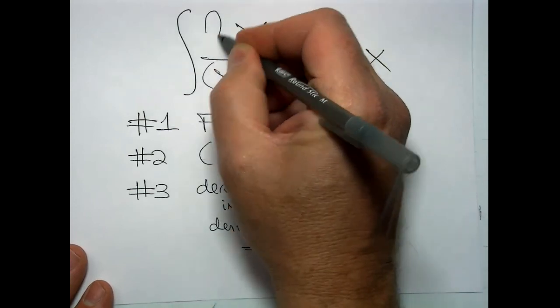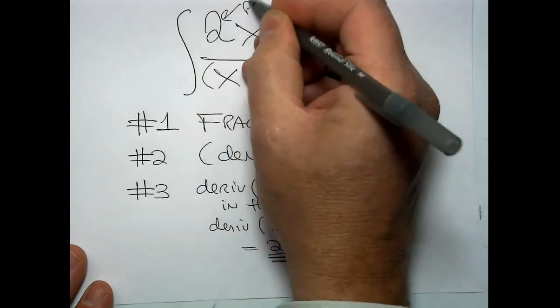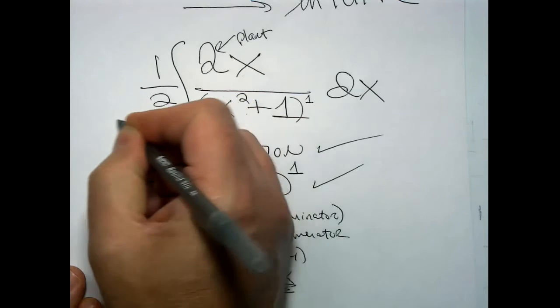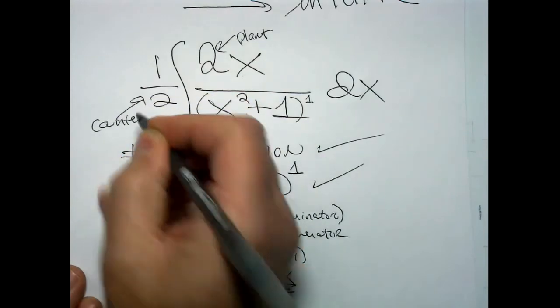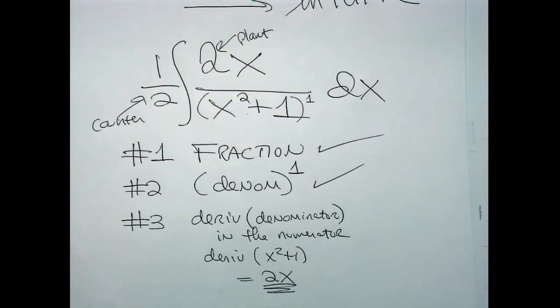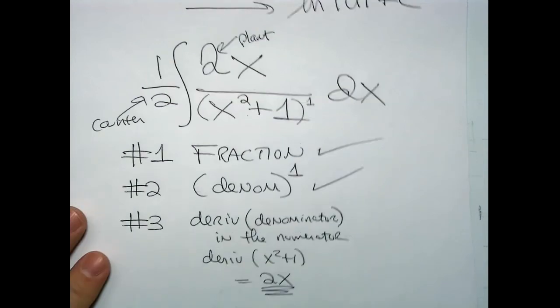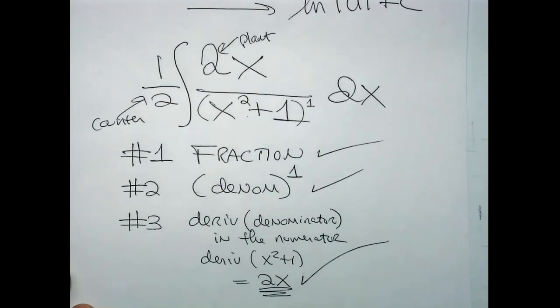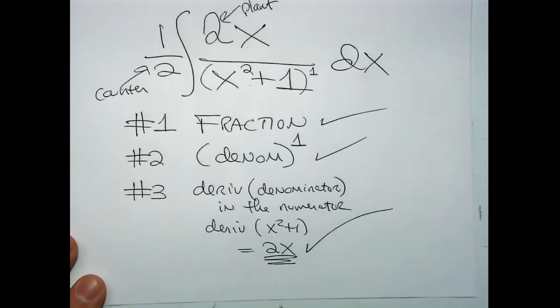So we're going to plant a 2 here. We'll call that the plant. And we're going to counter with a 1/2 out front. That will be the counter. So I multiplied by 2 times 1/2. I multiplied by 1. I really didn't affect the overall value of this problem. So can I check this off now? Yes, I can, because 2x plainly lives on top.